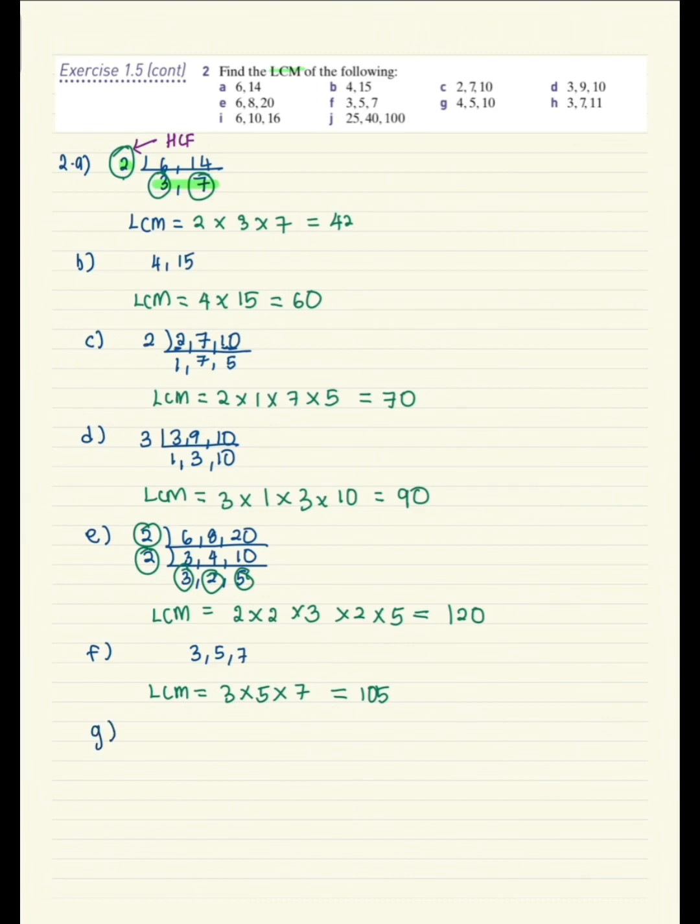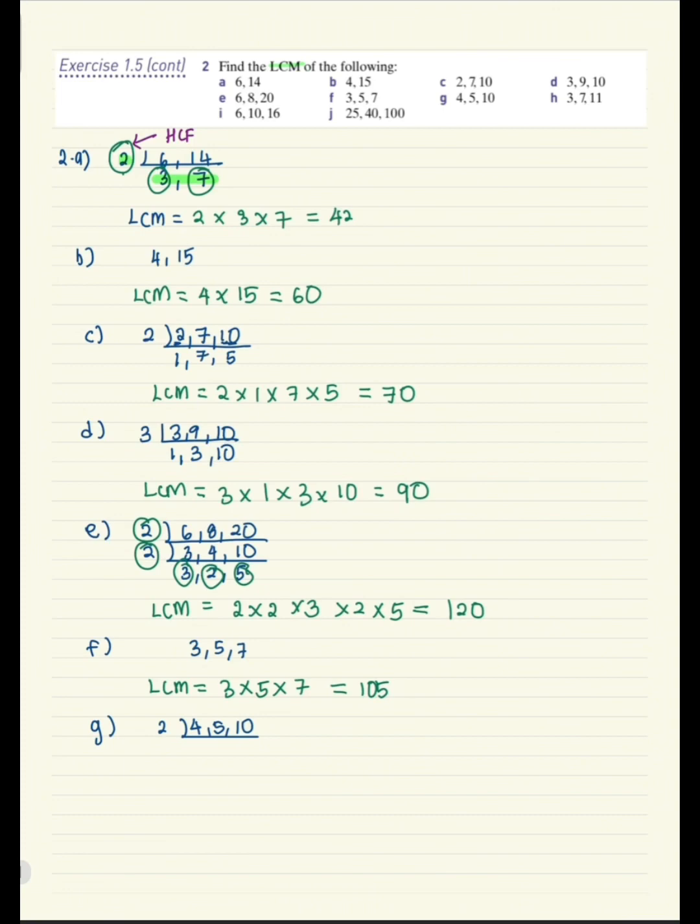Let's look at question G. 4, 5, and 10. 4 and 10 are even numbers, therefore they are divisible by 2. 4 divided by 2 you get 2, 5 will remain the same, 10 divided by 2 is 5.